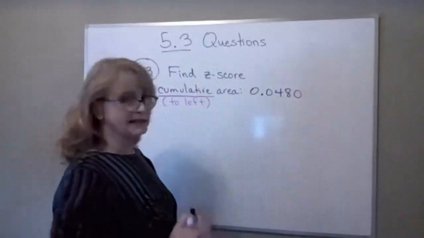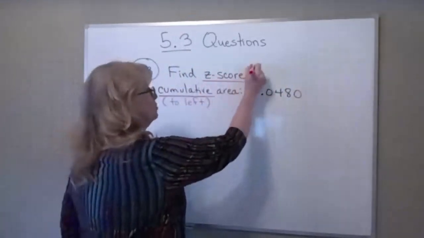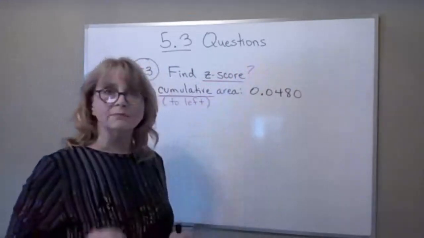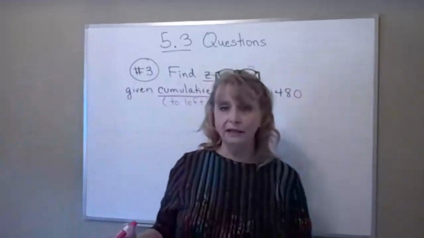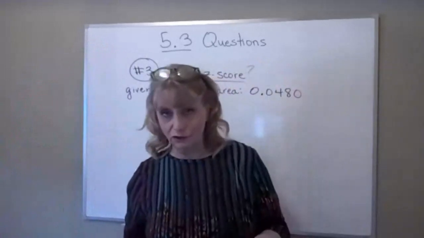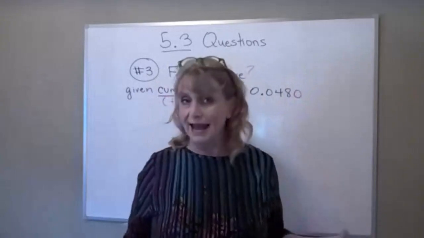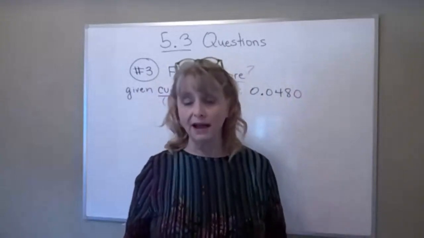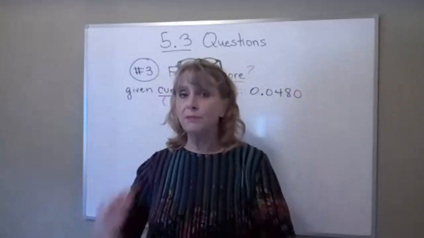Okay, now, the next thing, since they're asking me to find the z-score, that means I'm going to use the table backwards. What we've done up to this point, in sections 5.1 and 5.2, is we either knew the z-score or we knew a data value, and we were able to find the z-score, and then we found the area. This one's backwards.